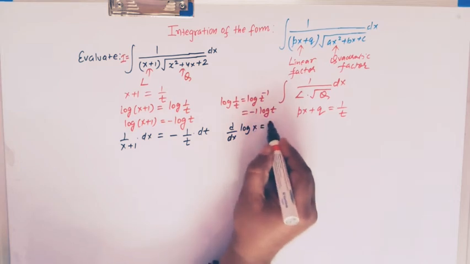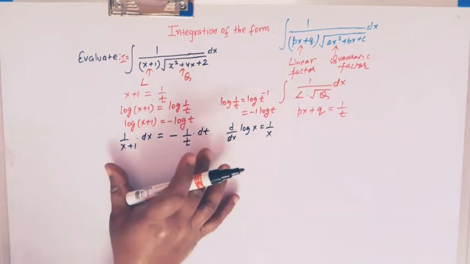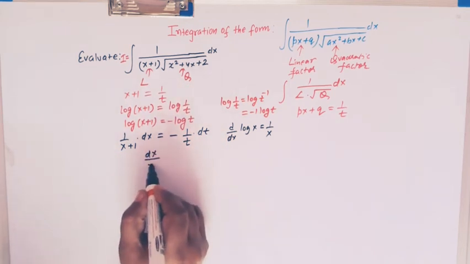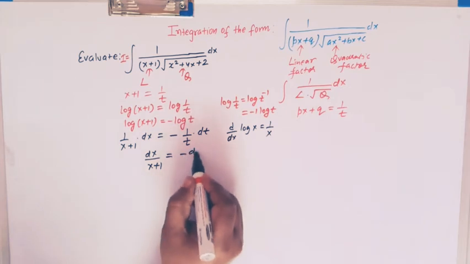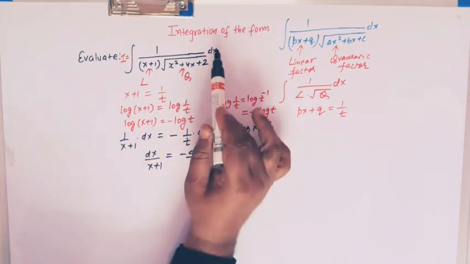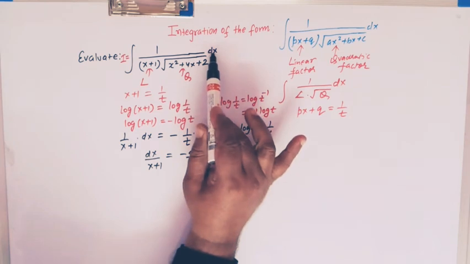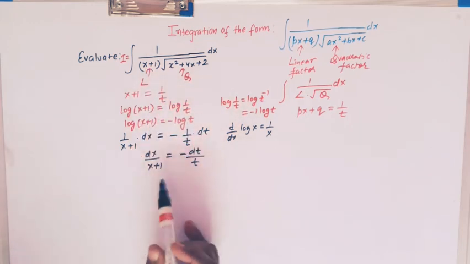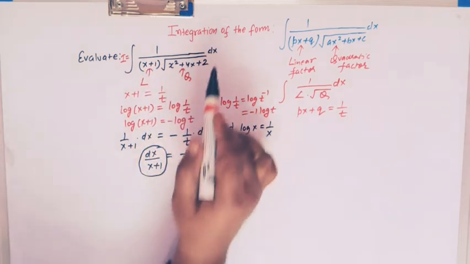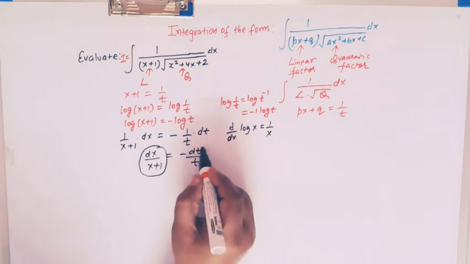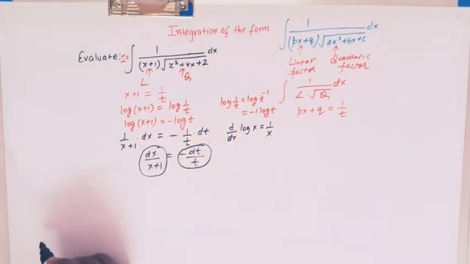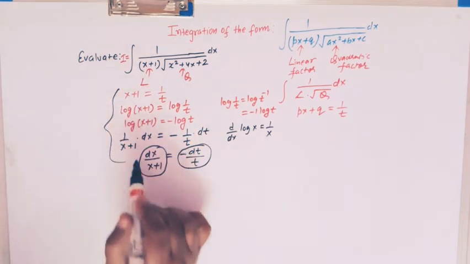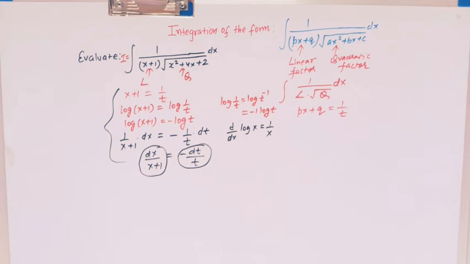So now we have this result: dx over (x plus 1) is equal to minus dt over t. Here we easily see that we have the factor dx over (x plus 1), so for this dx over (x plus 1) we will replace it by minus dt over t. So this is the significance of this type of substitution.